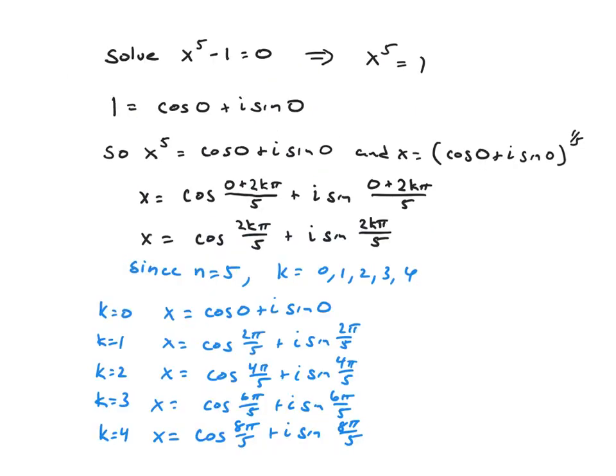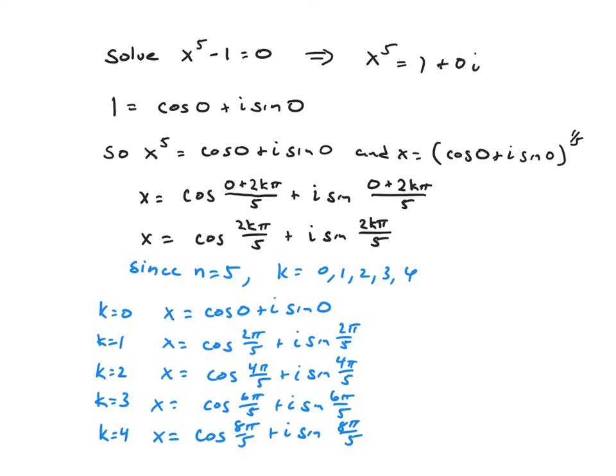Now, in this example, we want to solve x to the 5th minus 1 equals 0. So therefore, I know x to the 5th is equal to 1. The one thing I'm going to want to do is write that 1 in its complex form. You need to remember that 1 is 1 plus 0i.